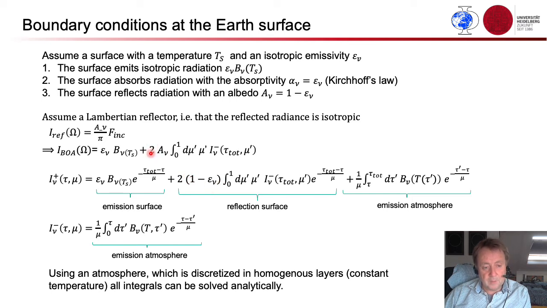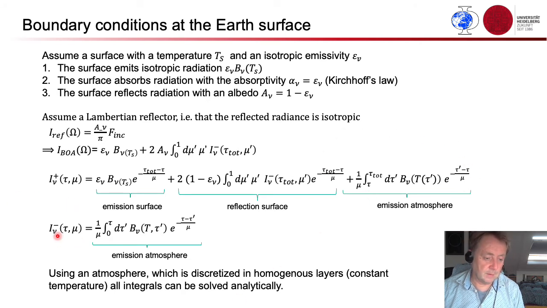We have replaced the albedo by 1 minus the emissivity, times the integral, which explains the flux, times the transmission function of that. And last but not least, the contribution of the atmosphere. So the integral over the Planck radiation at different levels, which is now here a function of optical depth. You could also express it as function of altitude, but this is much easier to calculate.